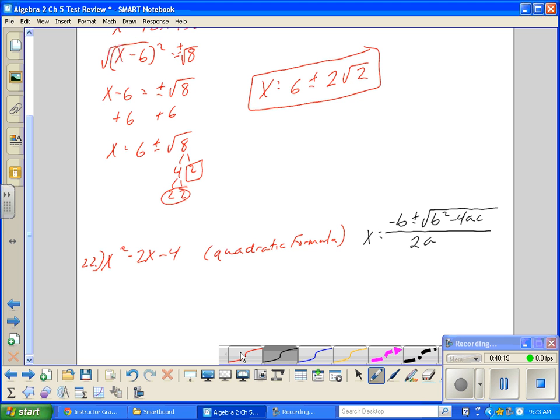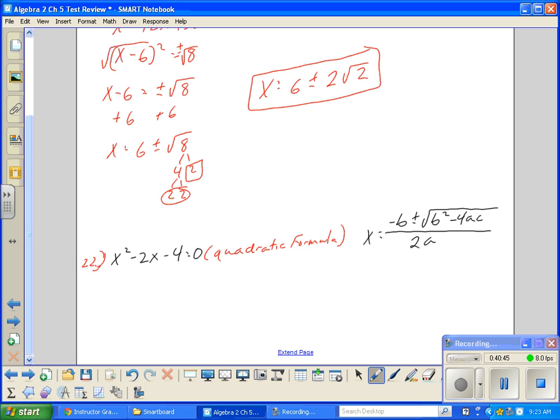So don't forget the 0 there. So x squared minus 2x minus 4 equals 0. I'm going to write that again because that's just sloppy.